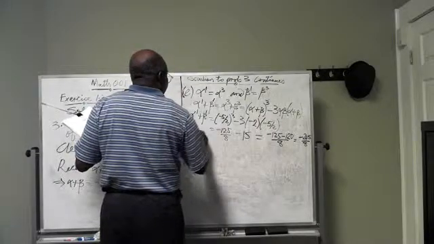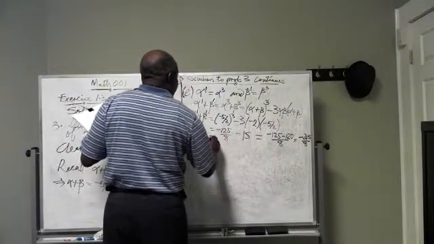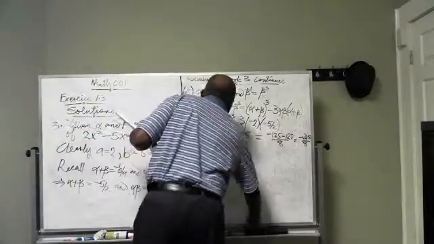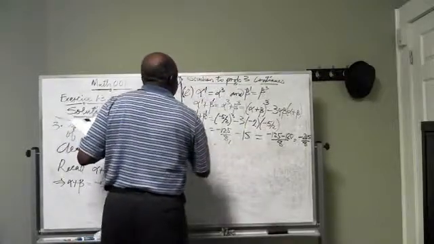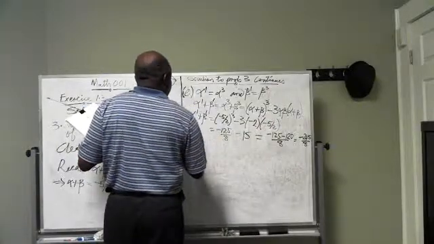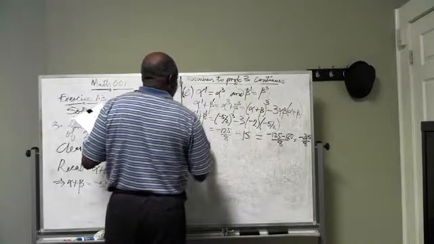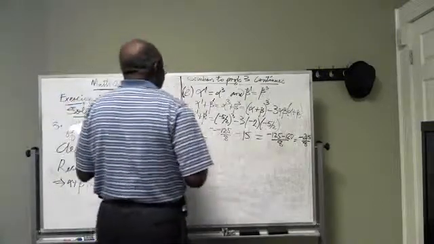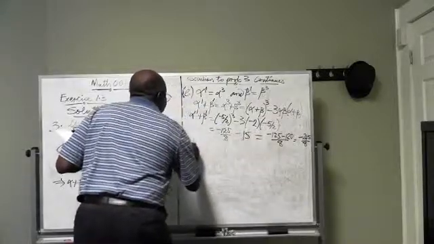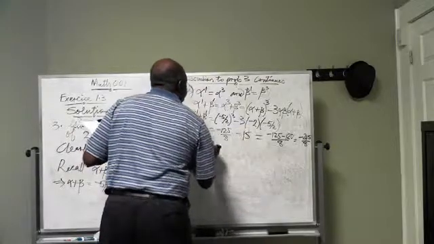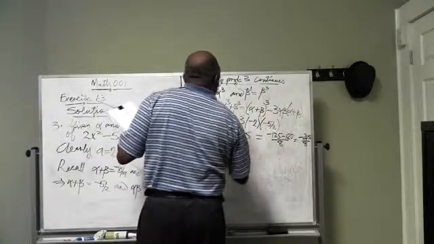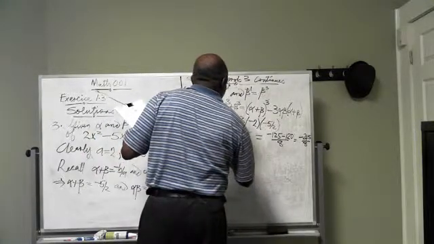Alpha prime beta prime is equal to alpha cubed beta cubed, which is equal to alpha beta all cubed.